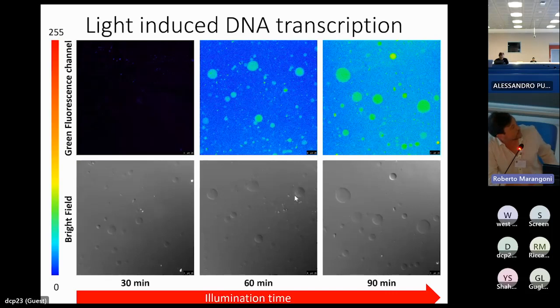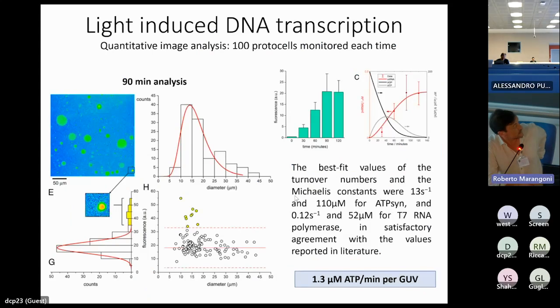So in principle, you can see that in many giant vesicles, you can observe the formation and the increase of a fluorescence due to the formation of RNA and the formation of the complex with the acridine orange. And then this is just the last experiment.